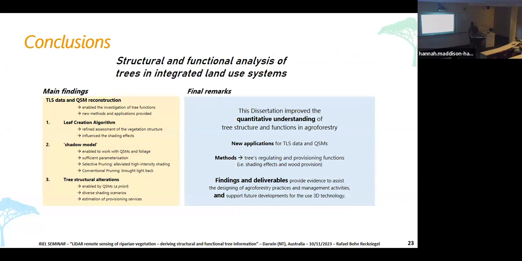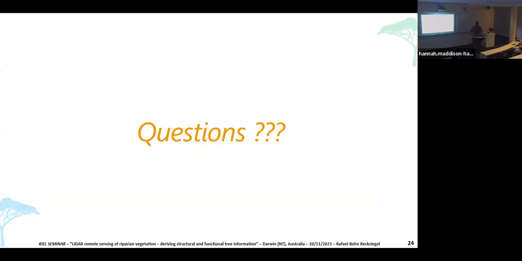And finally, producing structural alterations to trees. So in managed systems where we are dealing with woody resources, it would make sense to use these approaches. So that was the first session. I'm happy to take any quick questions if you have.